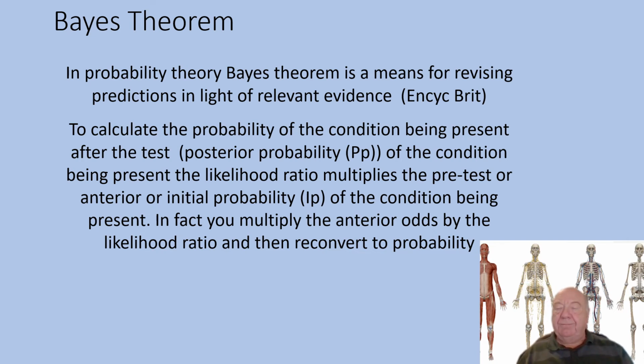So this is all it does. And to calculate that, the initial probability is converted to odds, multiplied by the likelihood ratio and then reconverted back to probability, or you can leave it as odds, depending on which way you want to do it, but generally speaking you always talk about probabilities. So it's really just a multiplication of the converted probabilities by the likelihood ratio, nothing difficult.